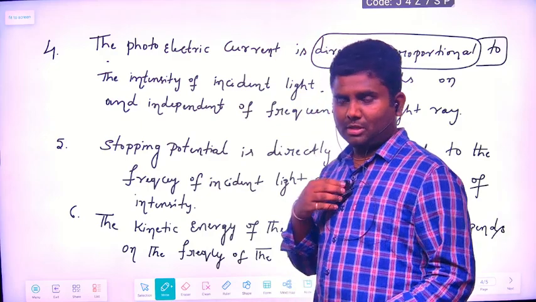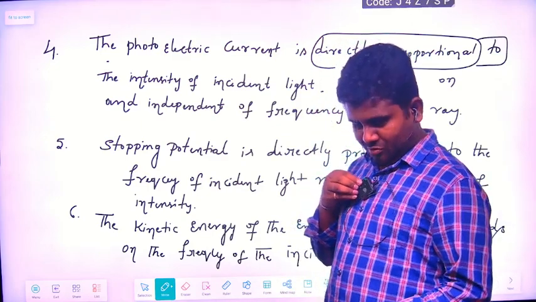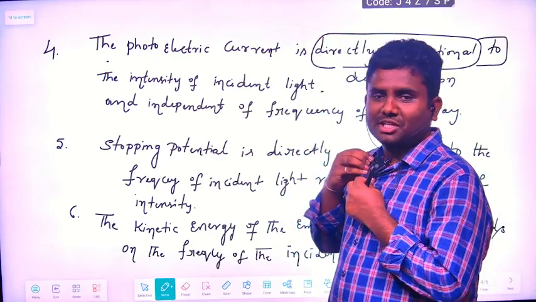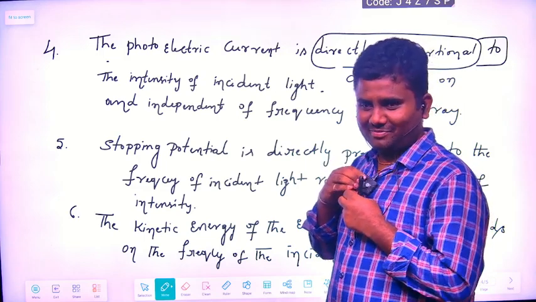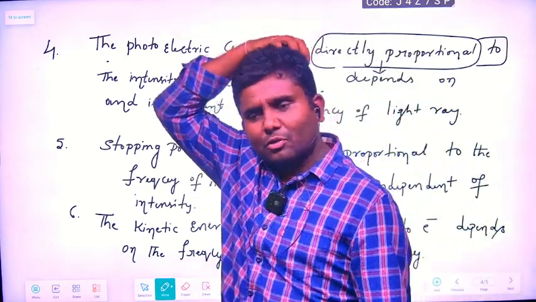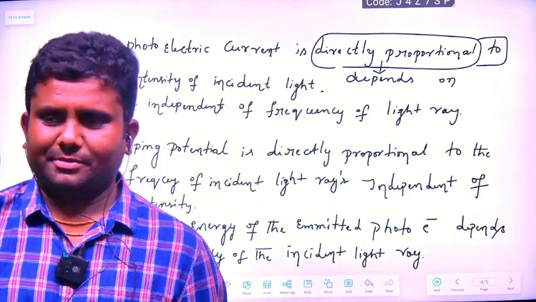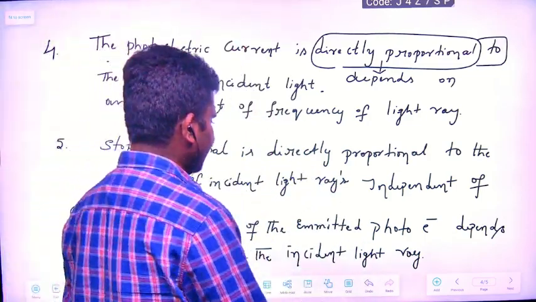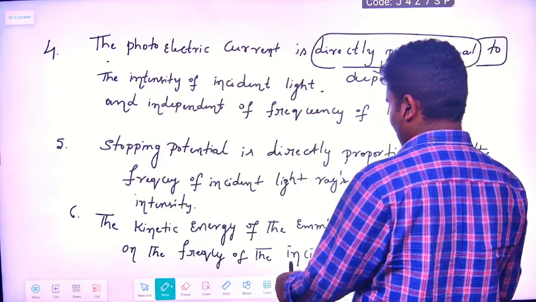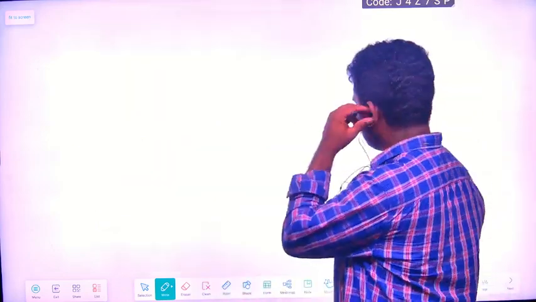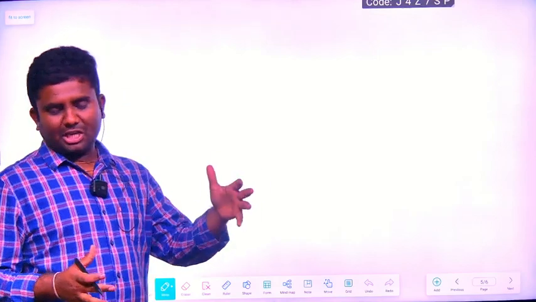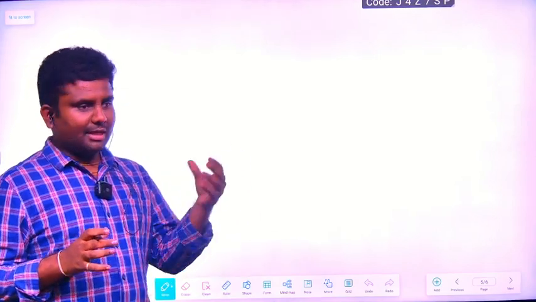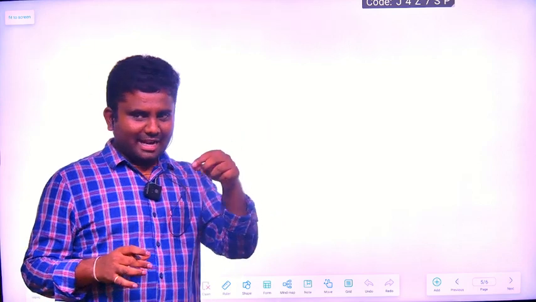Now I will take the dual nature of matter. So this is the photoelectric effect, what you understood. Einstein's photoelectric equation explains that light particles will come and interact with the electrons.